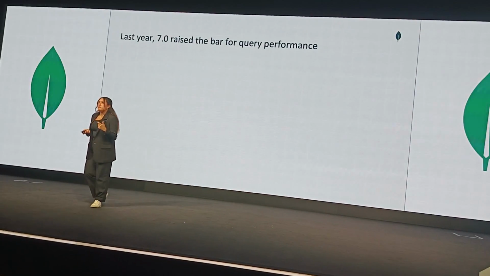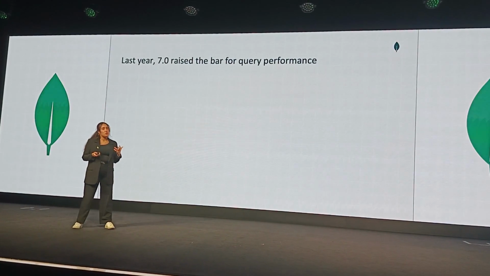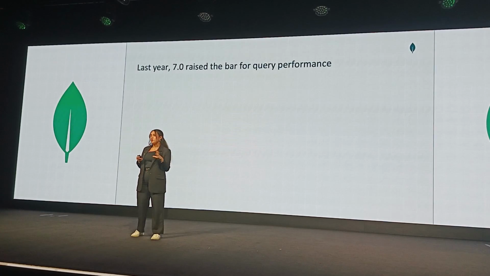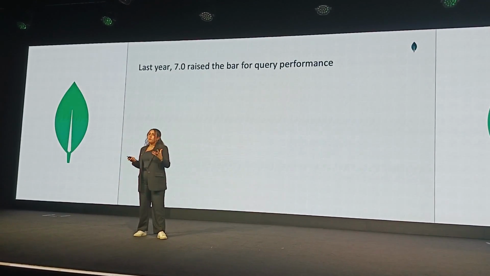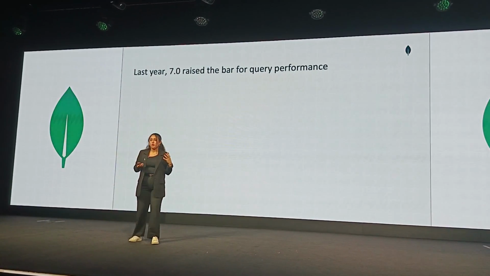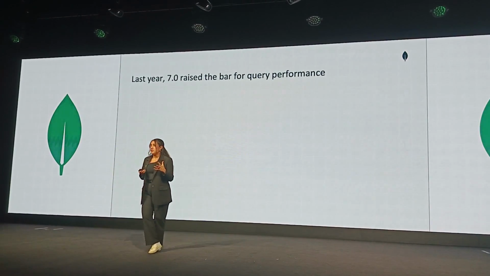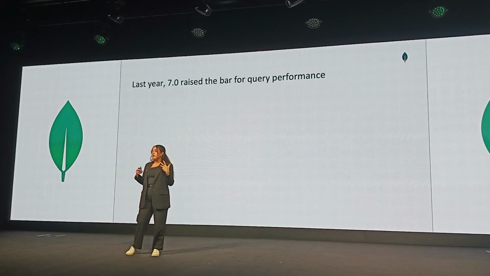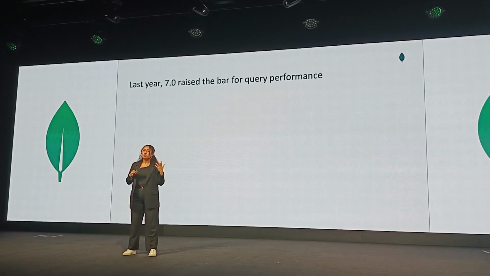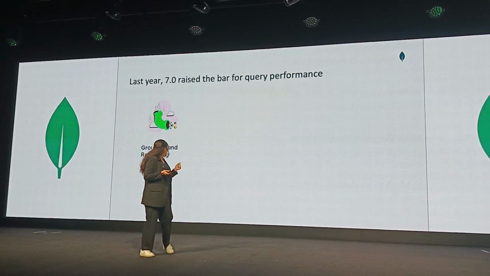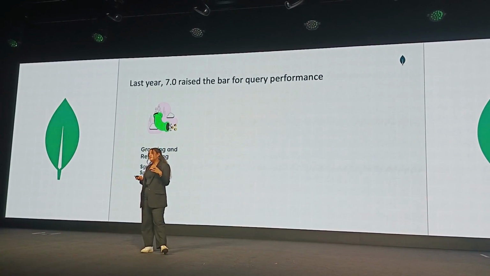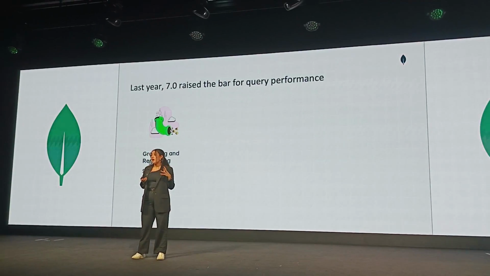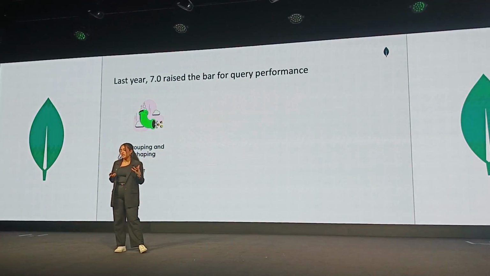Before we dive into what we did with MongoDB 8.0, I wanted to touch upon MongoDB 7.0 first, because last year we told you that MongoDB 7.0 raised the bar in terms of performance, which is true. What we saw last year with MongoDB 7.0 is that we made complex operations better. For grouping and reshaping, for example, we saw 50% improvements when it comes to filtering on subfields or projecting on subfields.